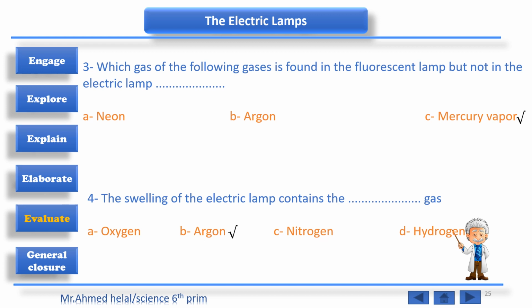It's mercury vapor. This is the mercury vapor. We have argon in both of them, and neon only in the fluorescent lamp. The fluorescent lamp is also called the neon lamp. The bulb of the electric lamp contains argon gas.